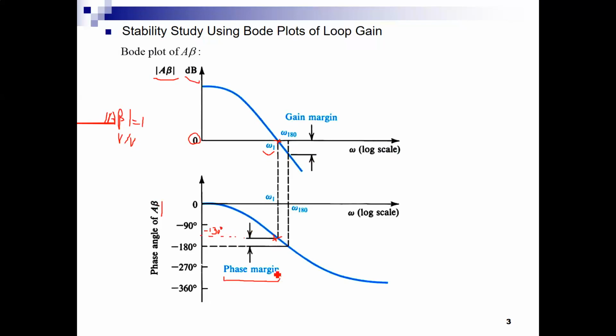The phase margin is really how far the phase at omega-1 is from reaching 180 degrees. Okay. So my phase margin is 180 minus 130, and in this case it is equal to 50 degrees.